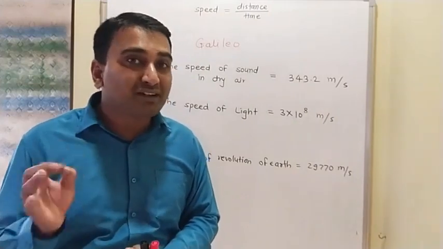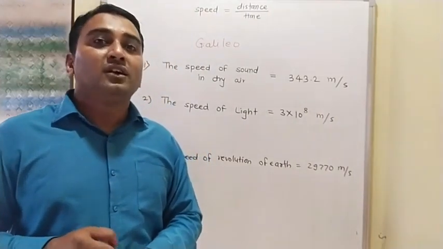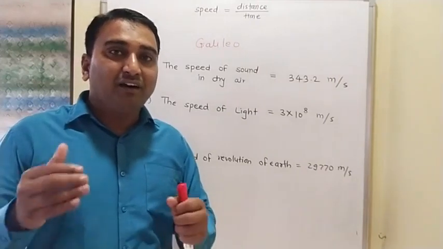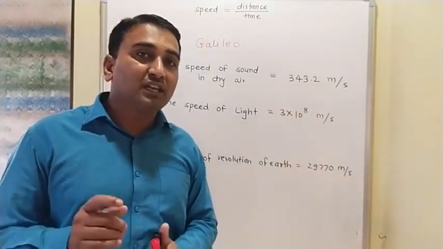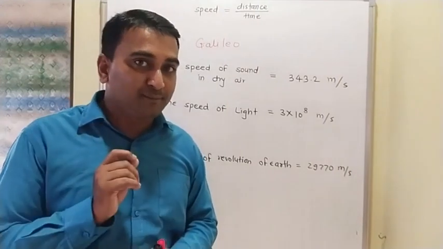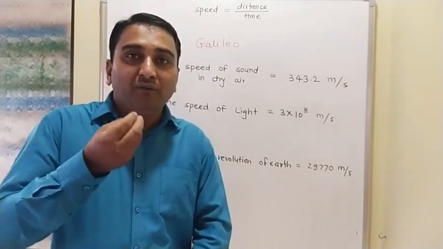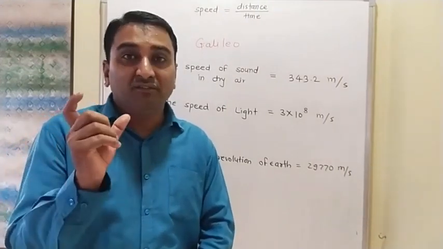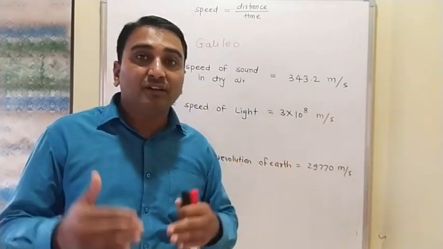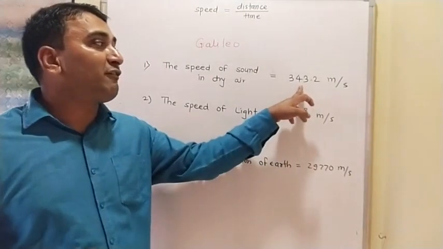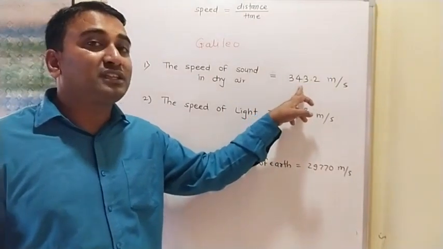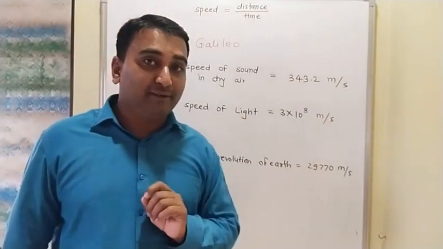343.2 meter per second. That means if you are 343.2 meters away from another person and you utter a sound, then within 1 second that sound will be heard by the second person, because here the speed of sound is 343.2 meter per second.